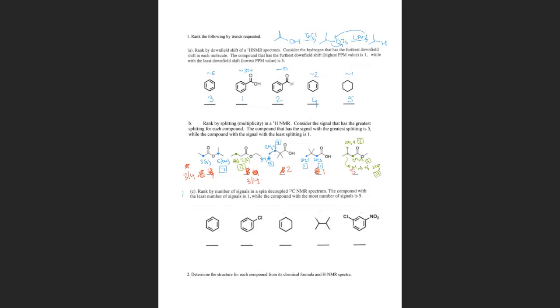What is the factor that we're looking at when we're trying to see how many signals a molecule has in CNMR? Symmetry. Okay, perfect. So everything that we have here has 6 carbons, but they won't all have 6 signals. So for the first molecule, how many signals do you think we'll have? 1 signal?